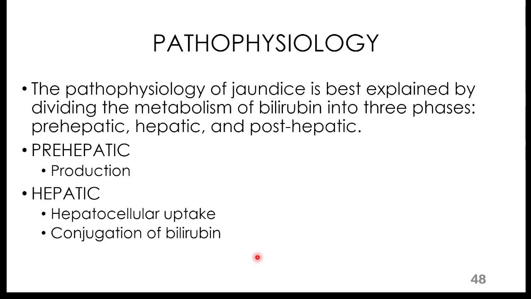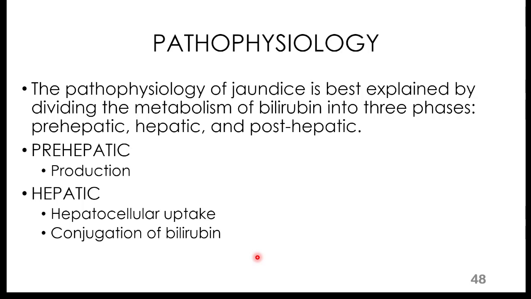Now, what's the pathophysiology of jaundice? All right, so we've already talked about it more or less even before now. You can divide it into prehepatic, where excess production of bilirubin will lead to hyperbilirubinemia.